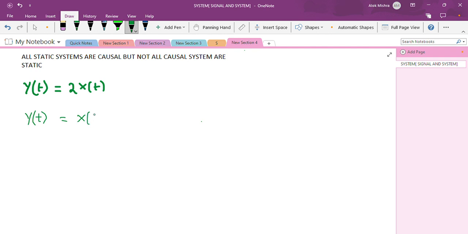Is that static or dynamic? Dynamic. Okay. y of t is equal to differentiation of x of t.